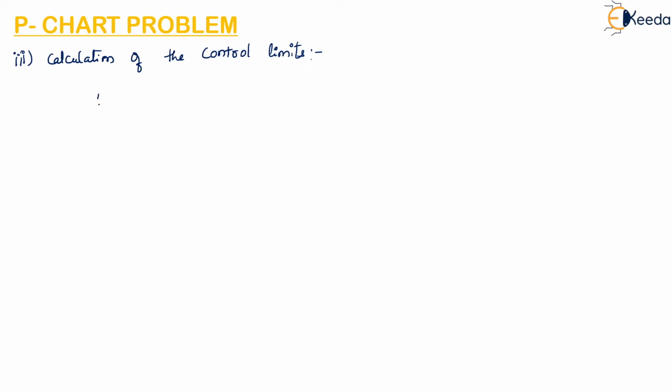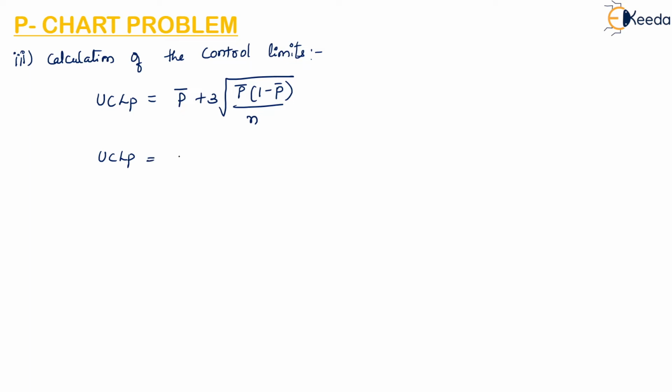So the upper control limit for the P chart is P dash plus 3 into root of P dash into 1 minus P dash divided by N. So we have found the upper control limit value.